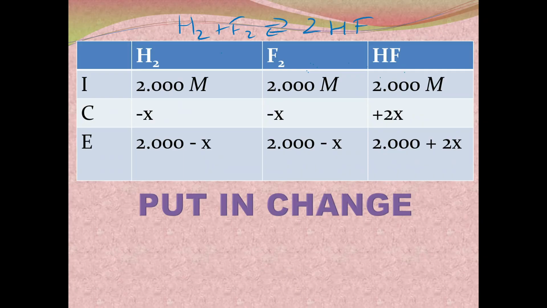Have to use that stoichiometric coefficient. So I set the disappearance of H2 and the disappearance of F2 as x, and the appearance of HF as 2x. Otherwise, I'd have to be doing x and half x's, and I don't want to do that. So I just set x's with the stoichiometric coefficient in front of them, and so I get minus x, minus x, plus 2x. So now I have 2.0 minus x, 2.0 minus x, and 2.0 plus 2x.